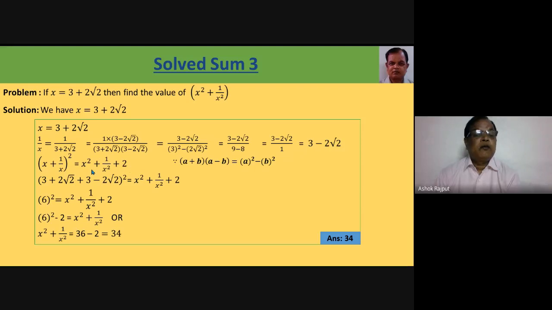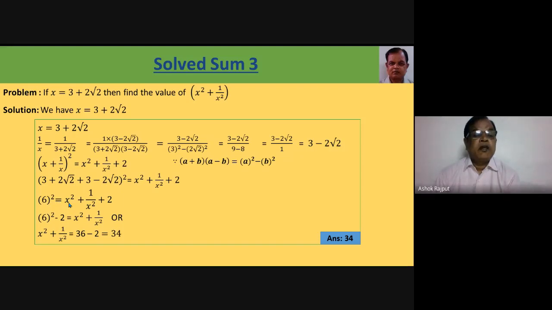So we will put the value of x and 1 by x: 3 plus 2 root 2, and 1 by x is 3 minus 2 root 2. Here we are seeing it is a positive value, it is a negative value. Both are same, so it will be cancelled. So here will remain 3 plus 3, only 6.